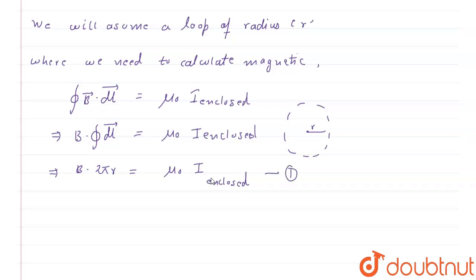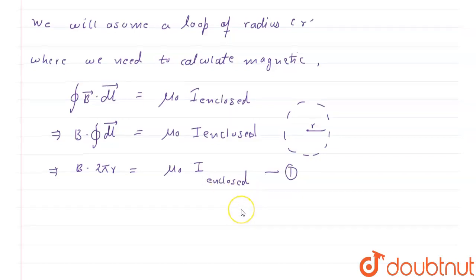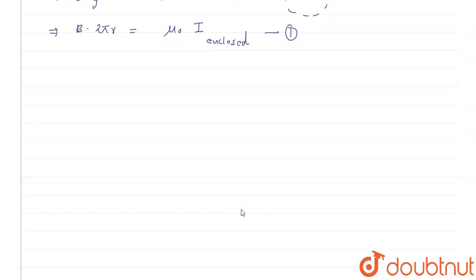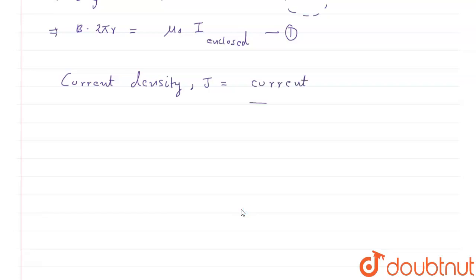Now we will introduce one important quantity called current density. Current density J equals current divided by area.